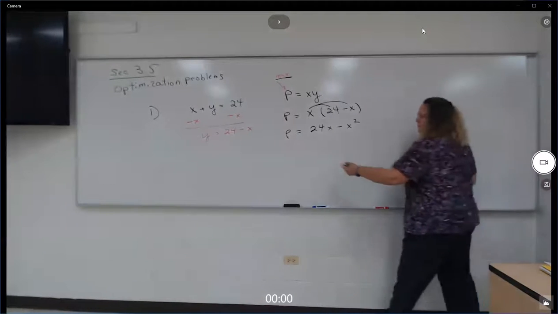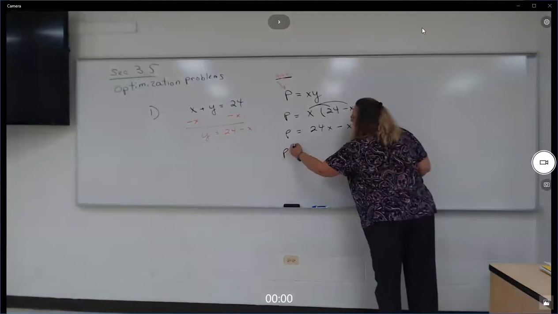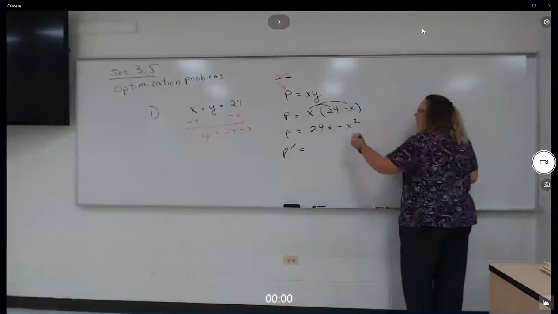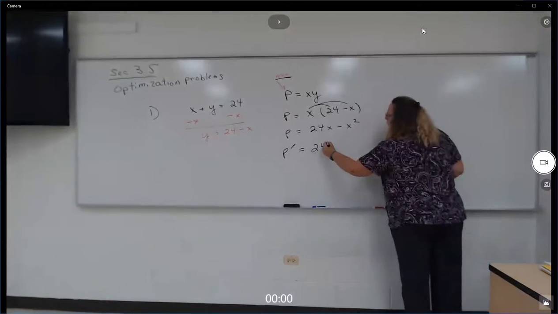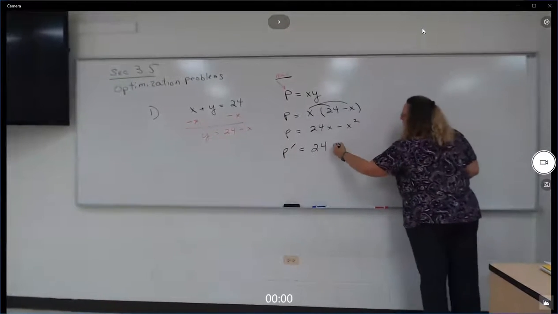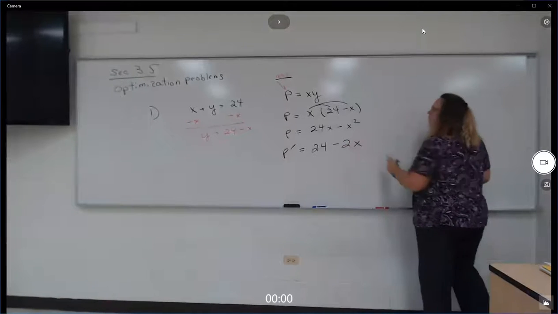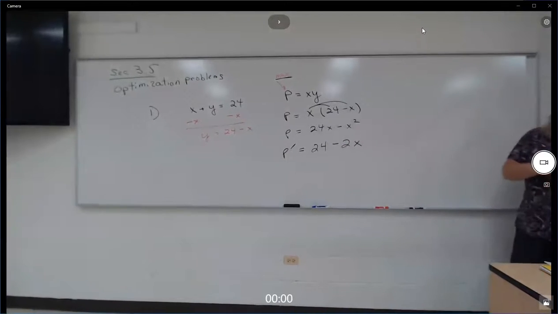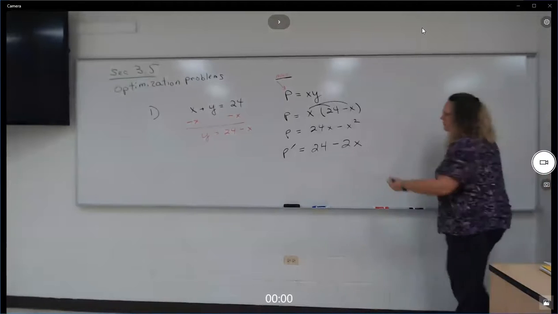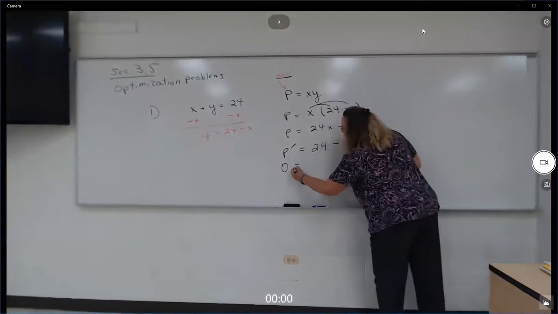So we take the derivative. Now we're ready to go. The derivative gives us 24 minus 2x. And the max is where the derivative is 0, so we set the derivative equal to 0.